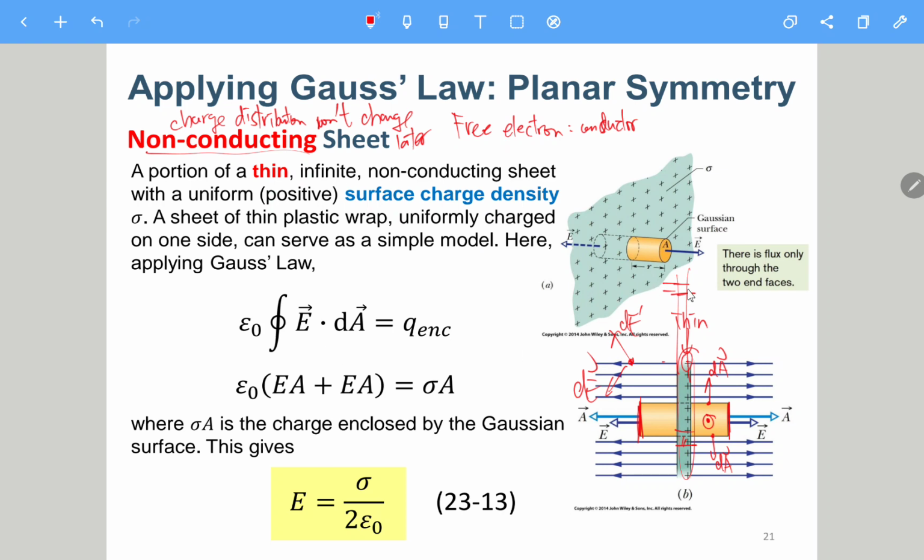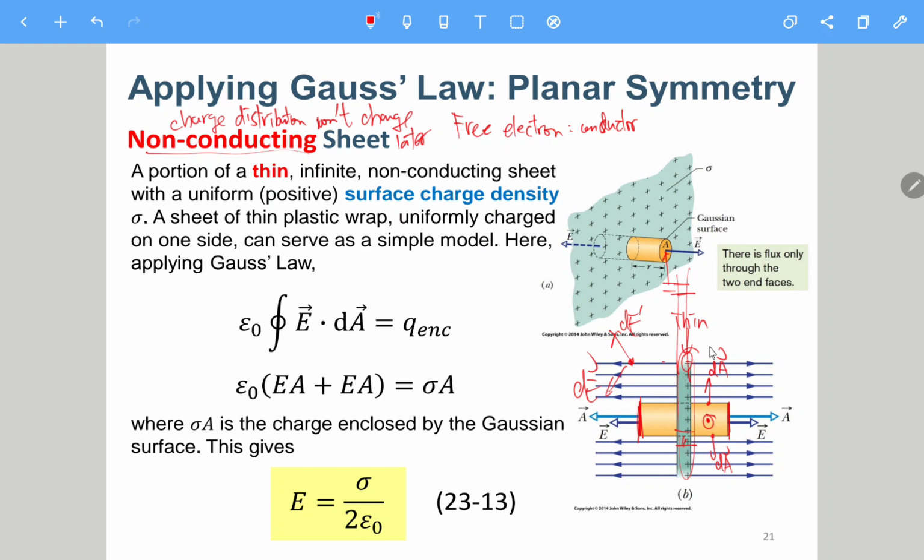Here we assume that A is the surface area of this circle. So E times A, and E is also uniform by symmetry, because this sheet is infinitely large. So for every point, they look at the same thing. Even though we can only draw a finite plate, actually it's infinite.